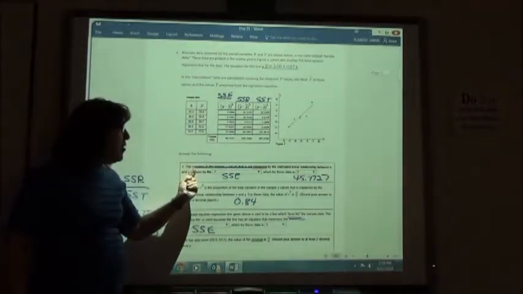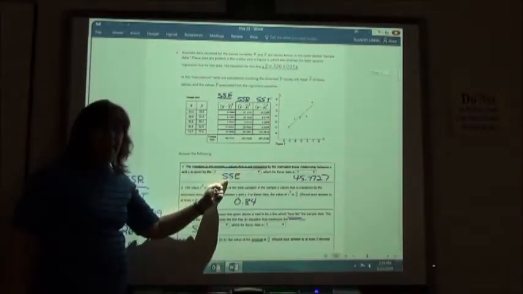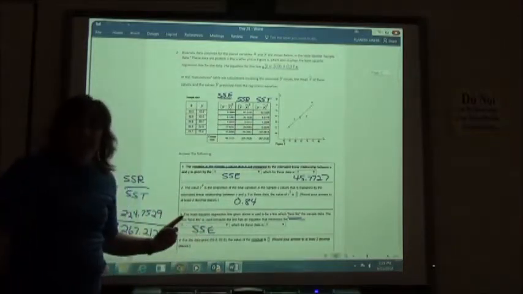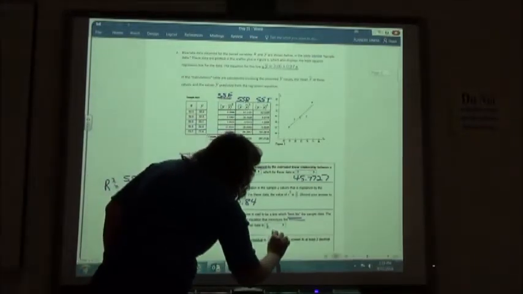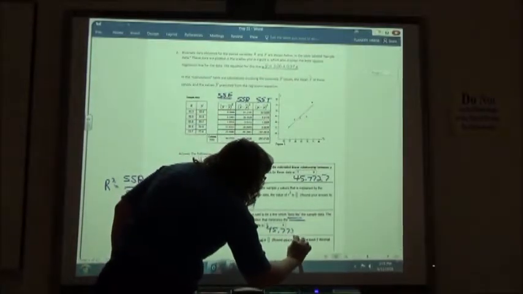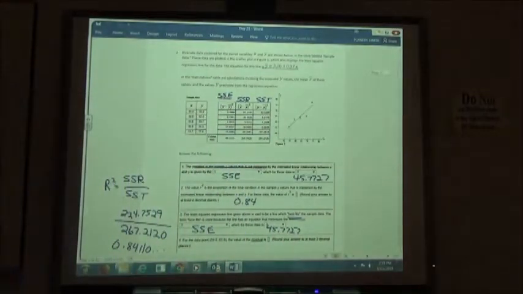So for my SSE number, same number we had before, 45.7727.